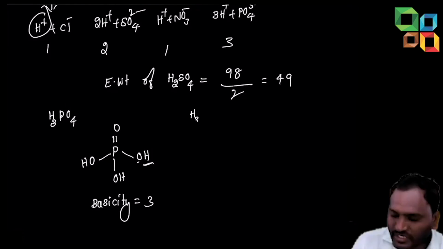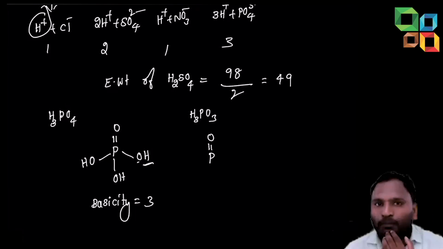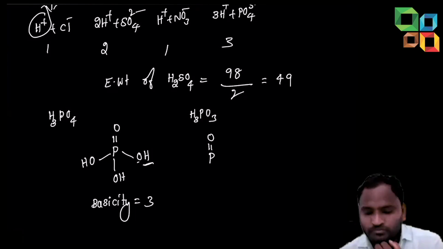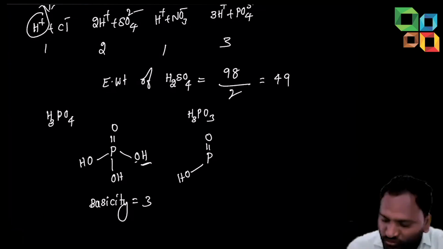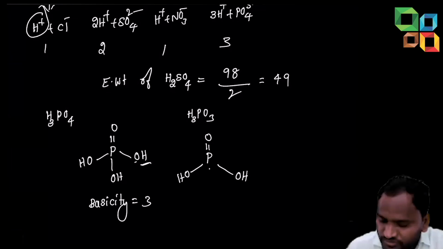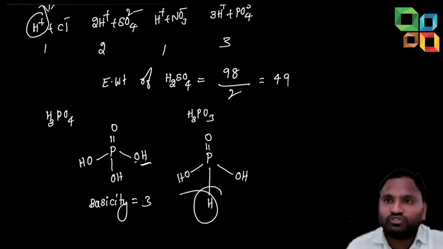Whereas in H3PO3, first preference will be given to double bond O. After giving double bond O, only 2 oxygens are left. These 2 oxygens will combine with 2 hydrogens. Then one hydrogen is free. This hydrogen you cannot replace, students.